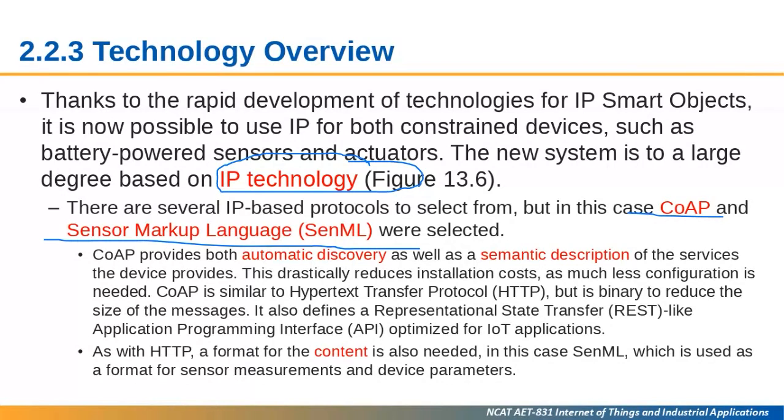We don't need to go into details for these two protocols. Basically, CoAP deals with the automatic discovery as well as the semantic description of the services, and the Sensor Markup Language deals with the content of the message. You don't need to go into much detail. Just know that we need to use IP technology here.